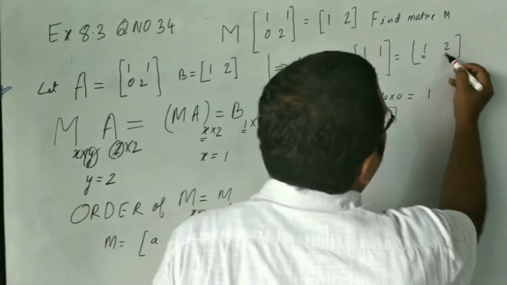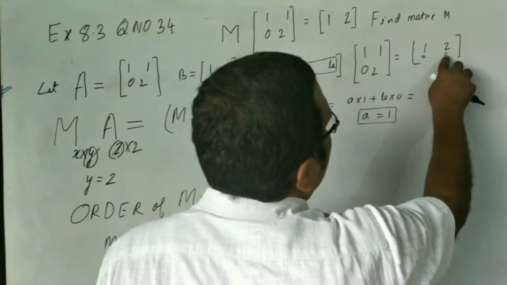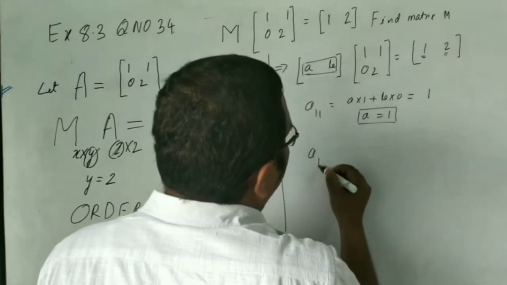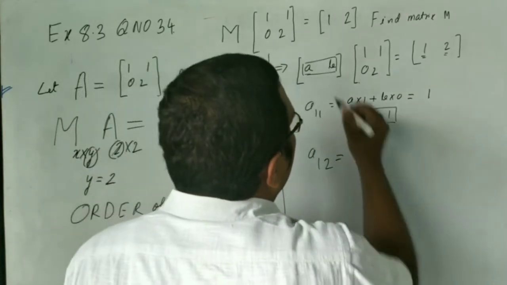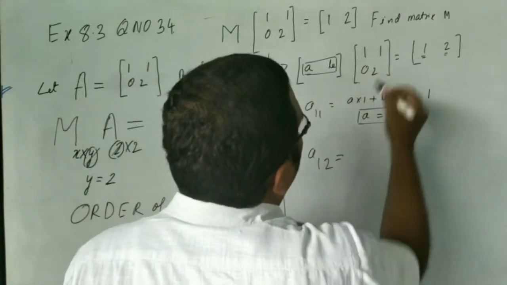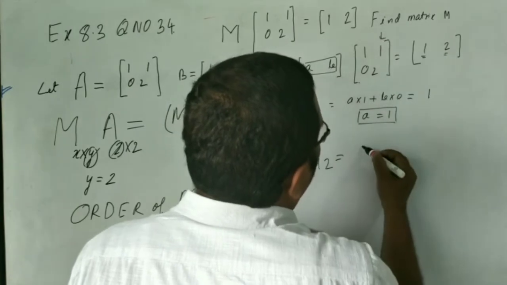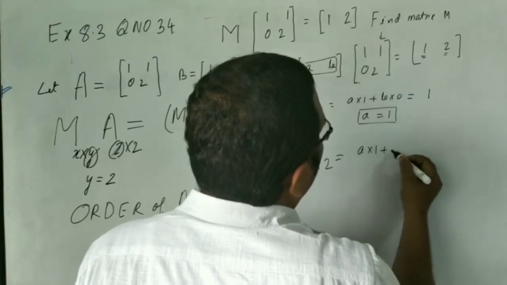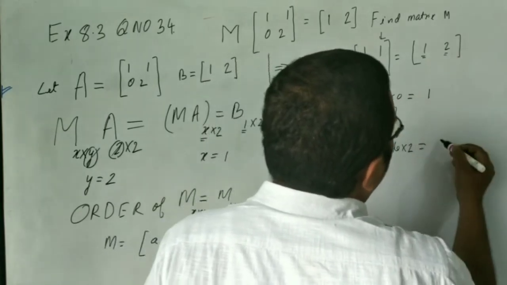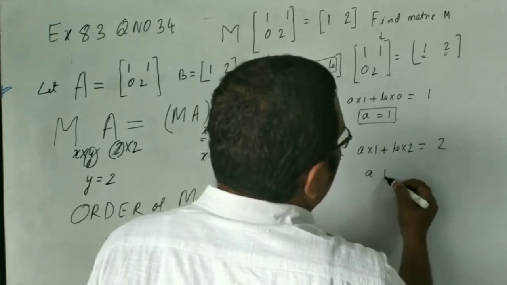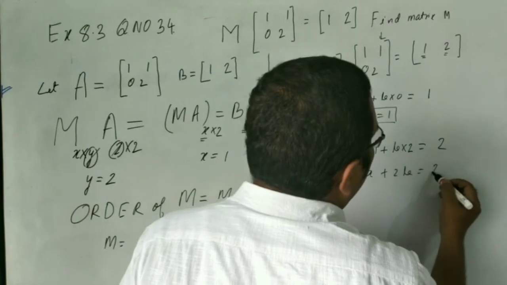Now I take this one. This is first row and second column. I take this one. A into 1 plus B into 2. What is A first row, second column? 2. A plus 2B is equal to 2.